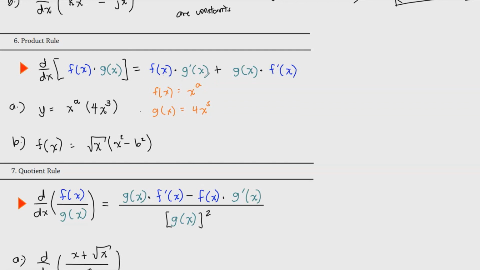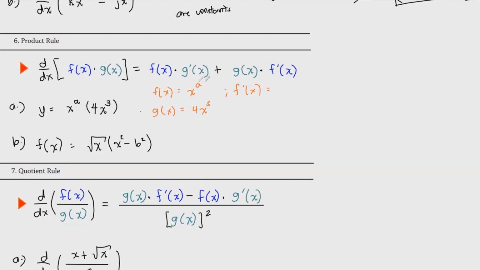Now, in our equation, we need here the derivative of g and the derivative of f function. So what we get here is the derivative of f of x. So I think this will be your first time seeing x raised to a certain letter.